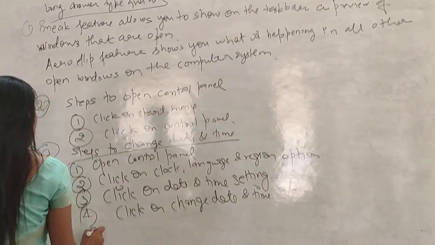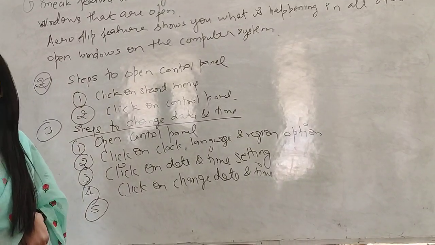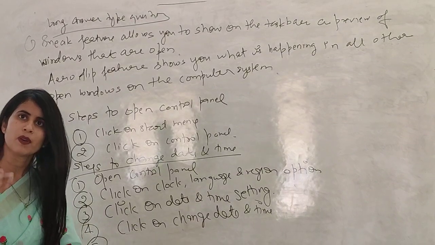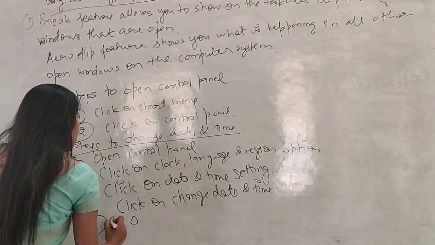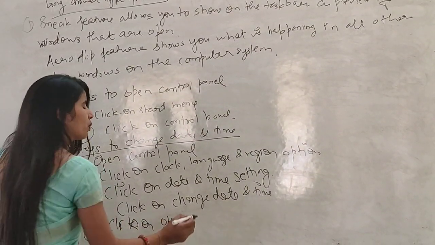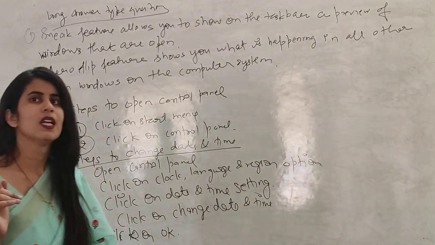Okay. So when you click on change date and time, it will show you the calendar, and in this calendar you can change the date and the time, and after doing this you will click on okay. So in this way you are able to change the date and time.